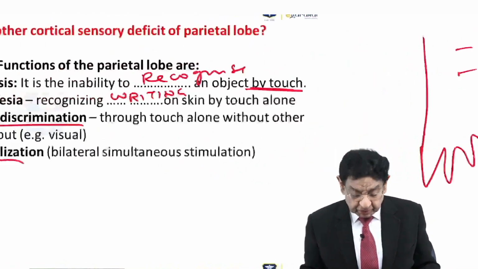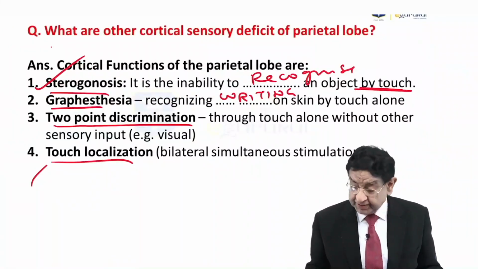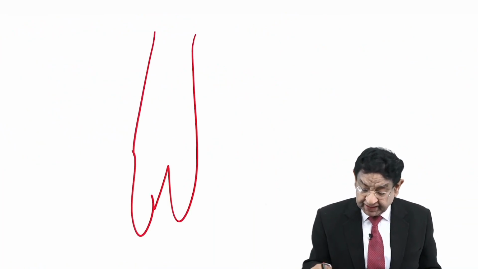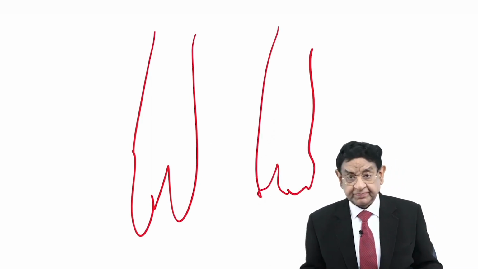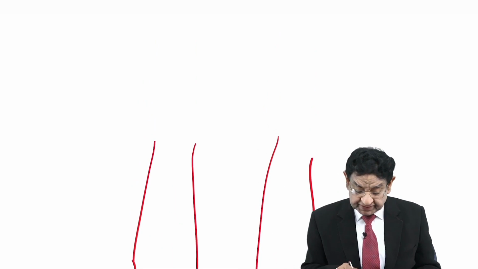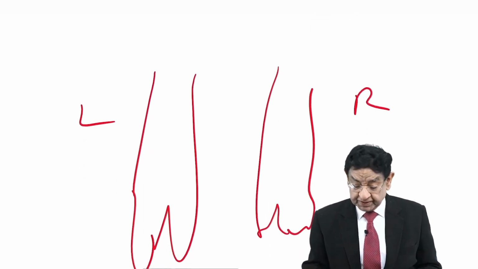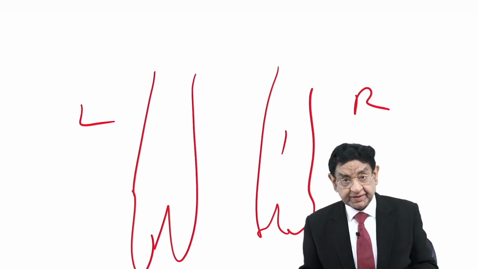Now we have so-called touch localization. What you do, this is the patient, one limb, one hand, this is the second hand. This is the left side, this is the right side. And he has a right-sided parietal lobe lesion. You touch here on the right side, he can appreciate.